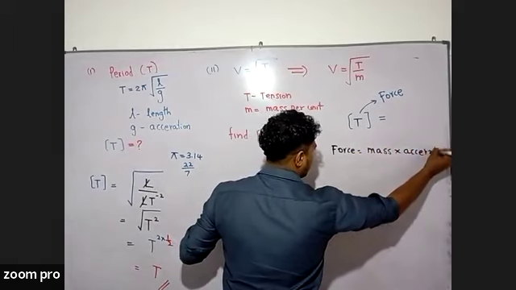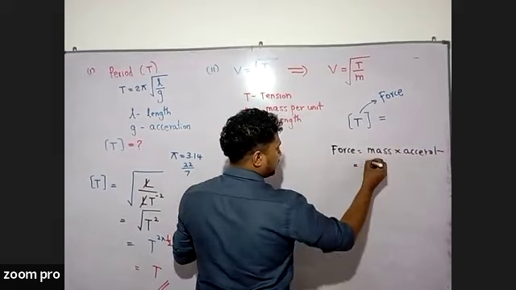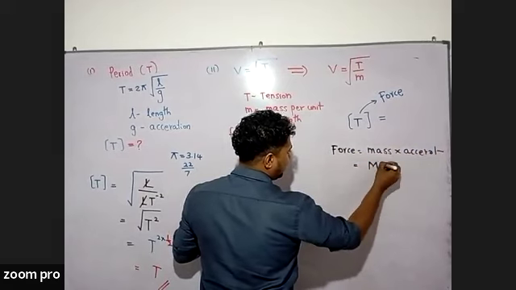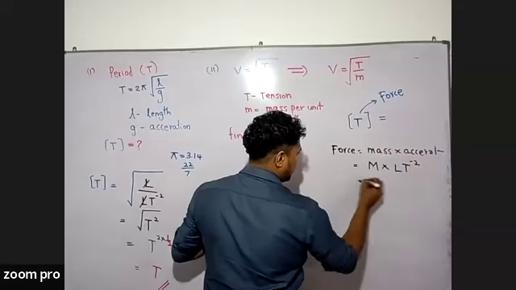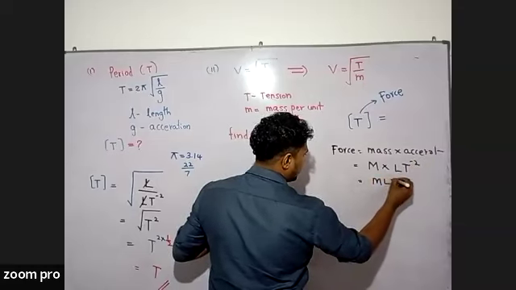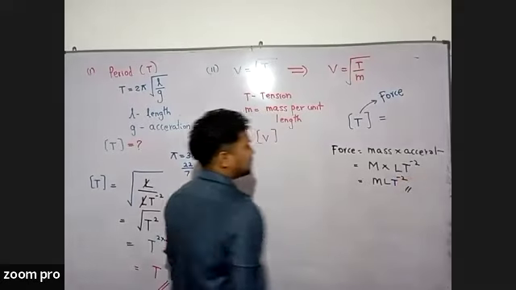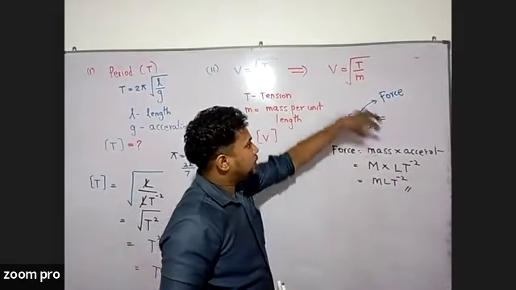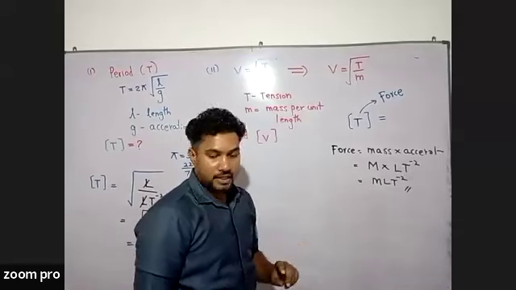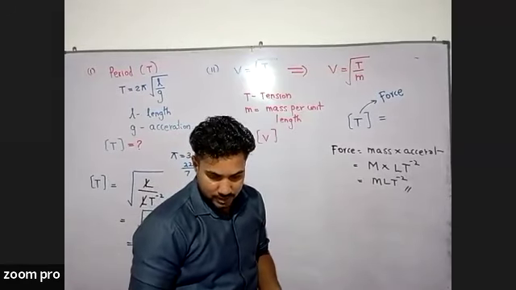Mass means capital M and the dimensions of acceleration is LT minus 2. This is the dimensions of force. Hence the dimensions of tension should also be equal to MLT minus 2.